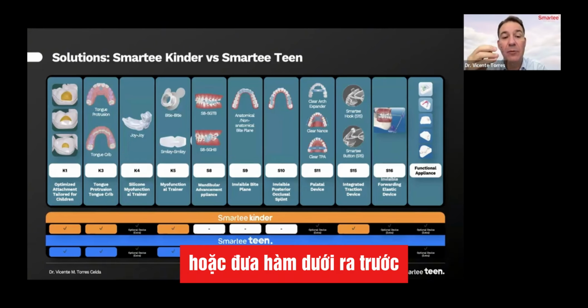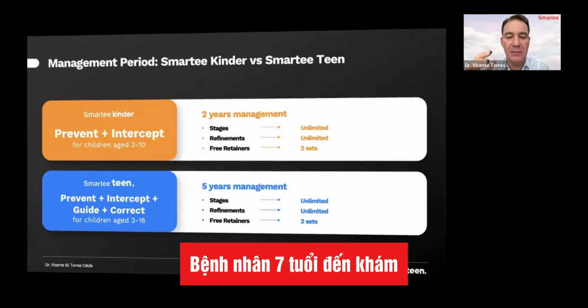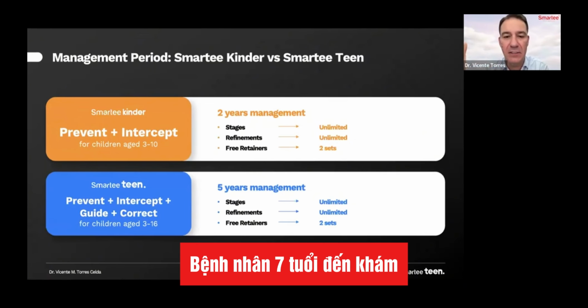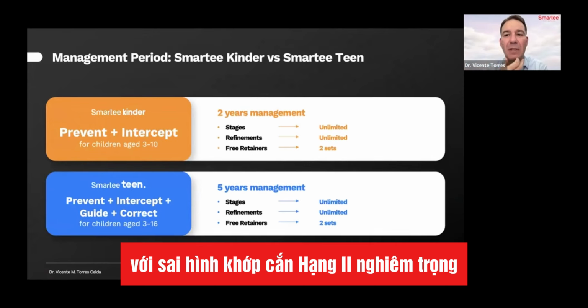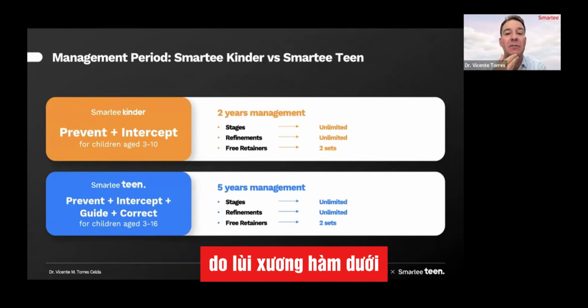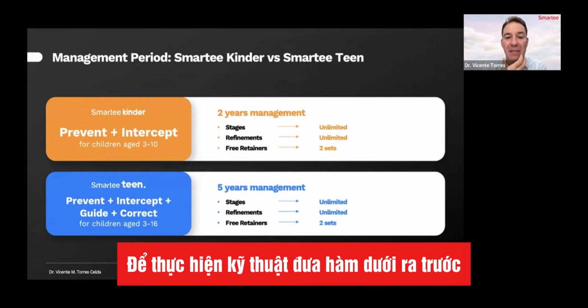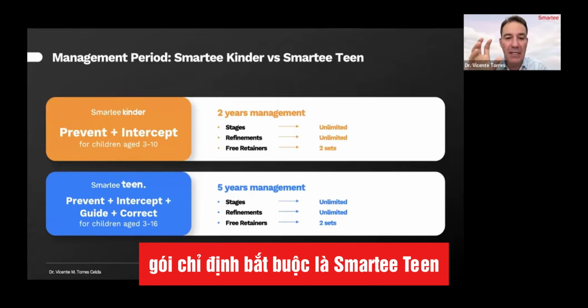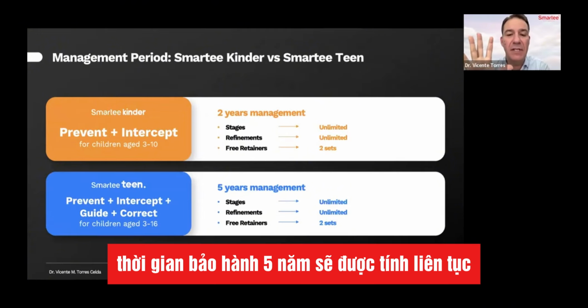So, for example, I have a patient 7 years old with a very class 2 malocclusion, with a very big retrognathic mandible, and I want to make this mandibular advancement. So my package in that case is the Smartee Teen. But with another brand, you have 5 natural years of treatment.